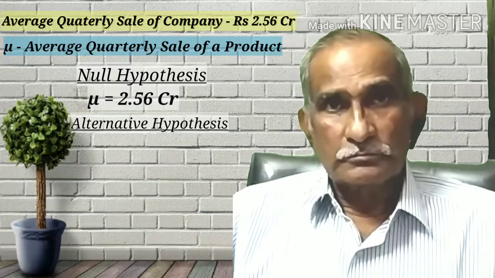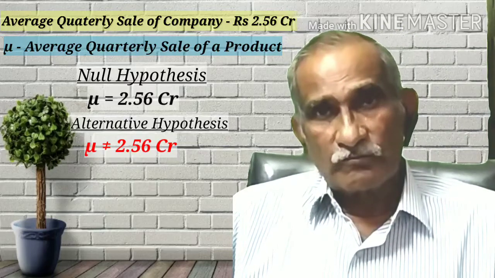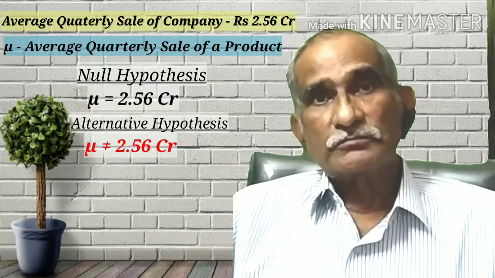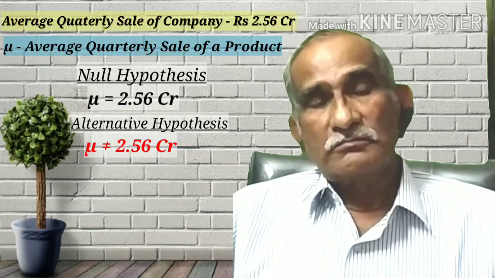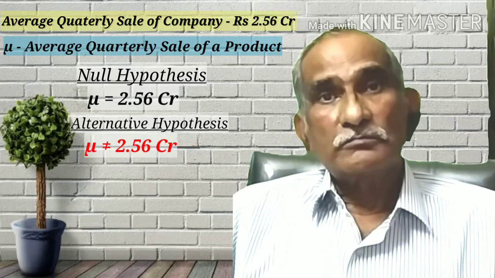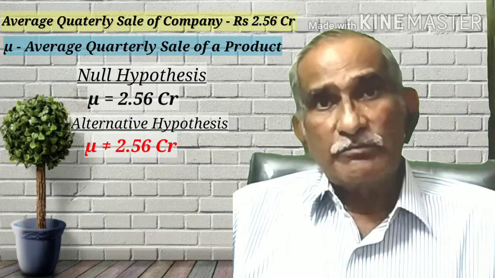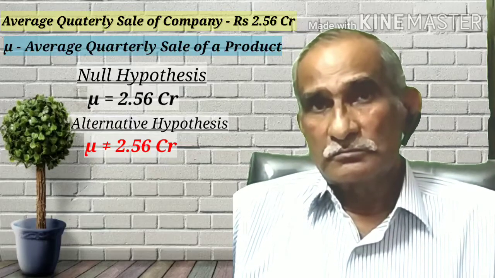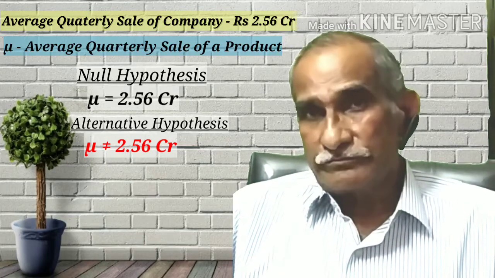No. Here, if we take this alternative hypothesis that mu is not equal to 2.56 crore, that is, the average quarterly sale is not equal to 2.56, then it would be wrong. Why? Because when we say that mu is not equal to 2.56 crore, it consists of two cases.